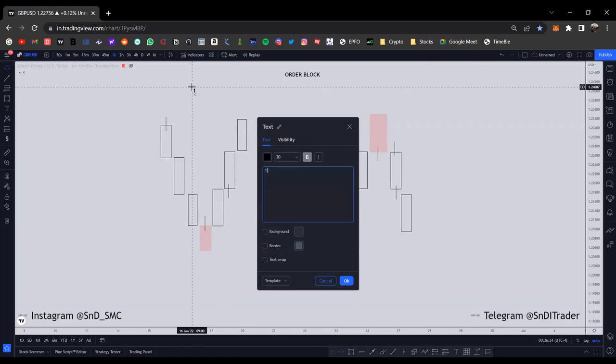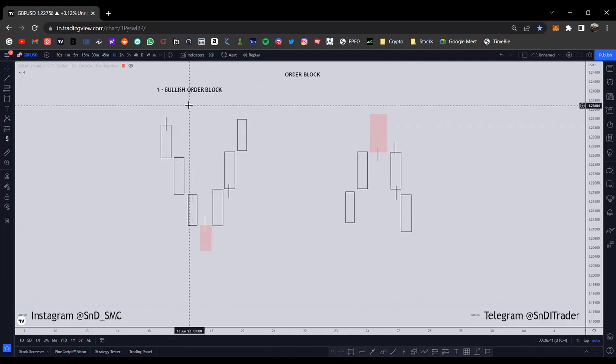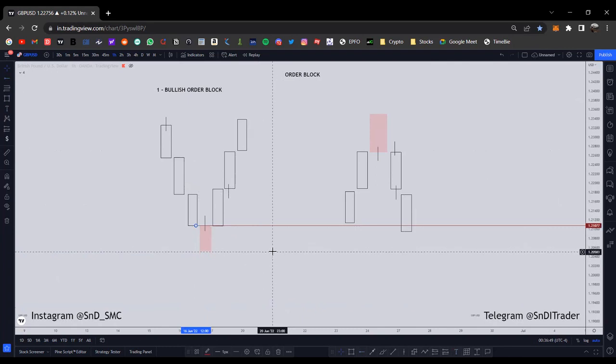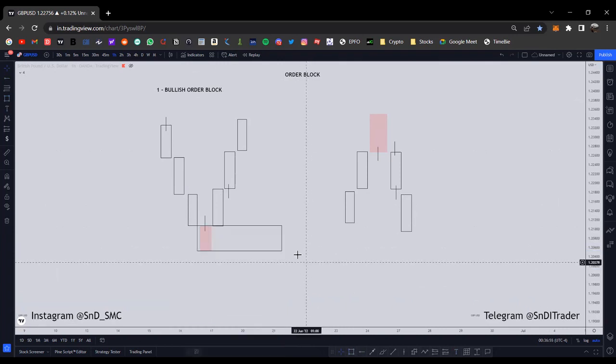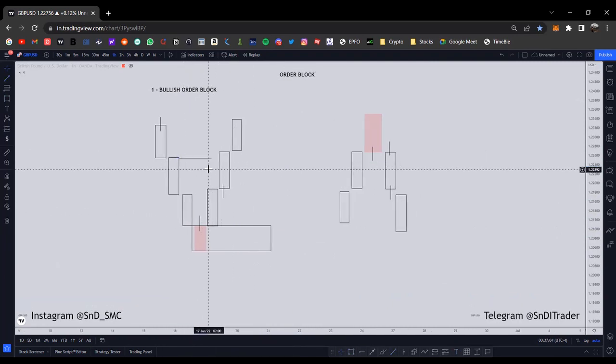First is the bullish order block. So what exactly is a bullish order block? The bullish order block will be the last bearish candle before the up move, and it is responsible for the structure break as well.